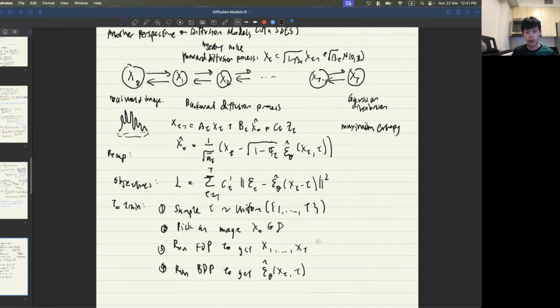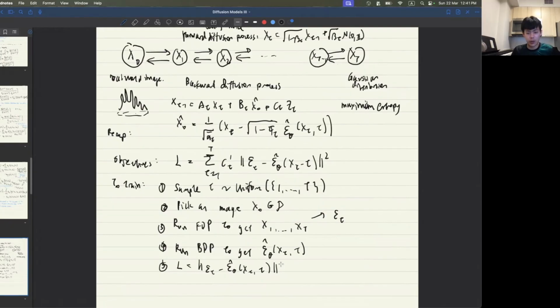In our forward diffusion process, because we have calculated out the latent variables x1 to xt, we know the cumulative noise epsilon t at each time step. And so we can calculate our loss, right? Our loss for this will just be the mean square error of epsilon t minus epsilon theta of xt, t squared, and we just run backpropagation and do a gradient descent. And this is the training process for the diffusion model.